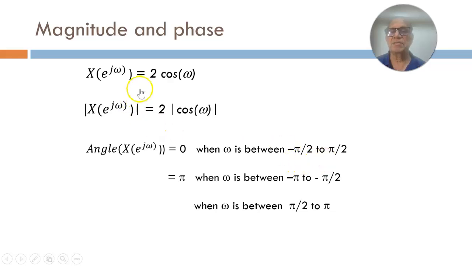Remember, in this range, your cosine function has a positive value, which means the phase is 0. But if you consider these two ranges, minus pi to minus pi by 2, this is negative. So the phase angle is 180 degrees or pi radians. Also, when omega is between pi by 2 to pi, again, this will be 180 degrees.